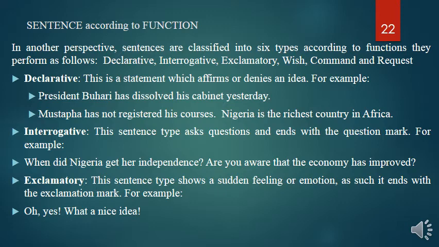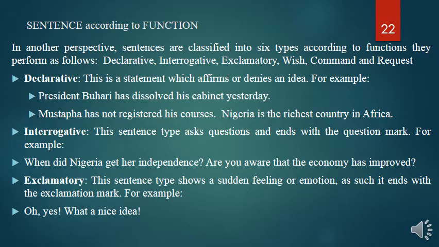An interrogative sentence is a type of sentence that asks questions and ends with a question mark. That is, any sentence that asks a question and ends with a question mark is called an interrogative sentence. For example, when did Nigeria get her independence? This is a question and it ends with a question mark.